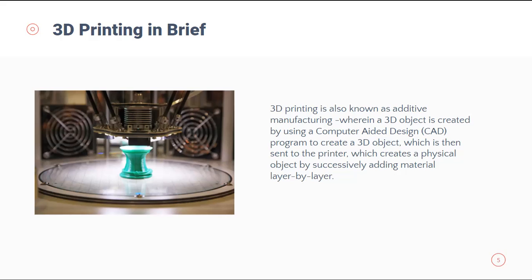Then you send a program, or what is called a G-code, to the 3D printer, which is the machine, and the 3D printer works by making the physical object by successively adding material layer by layer.